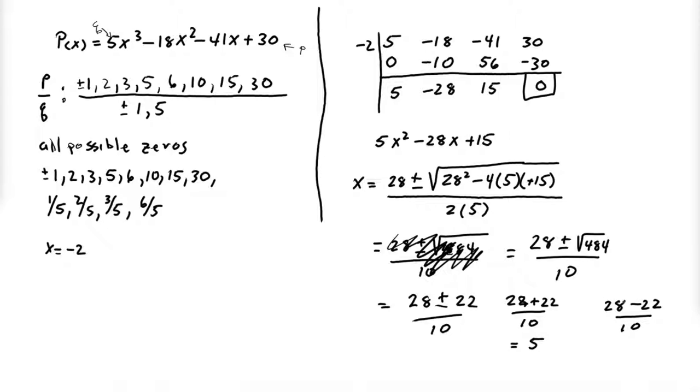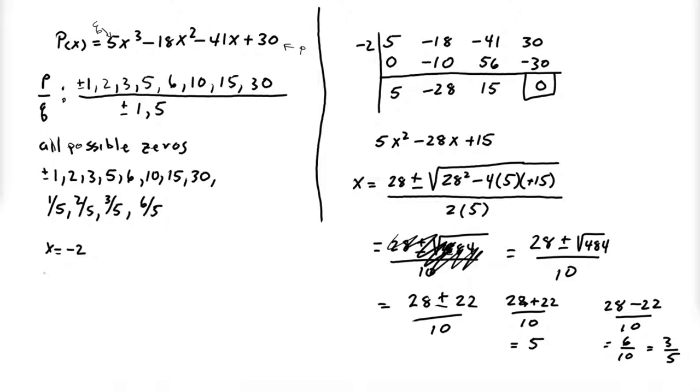The other one is not going to come out to be a whole number. It's going to be a rational number, 6 over 10, which is going to be 3/5.